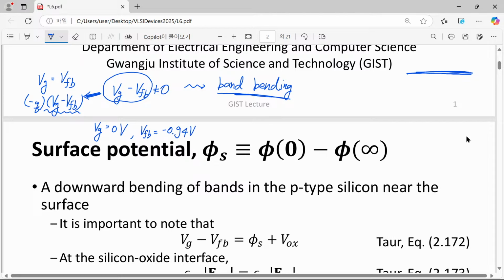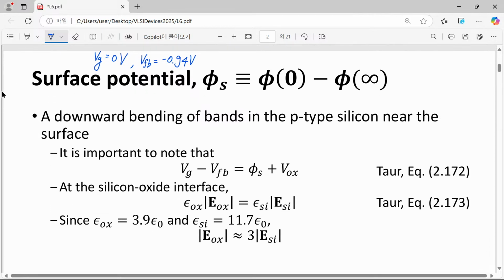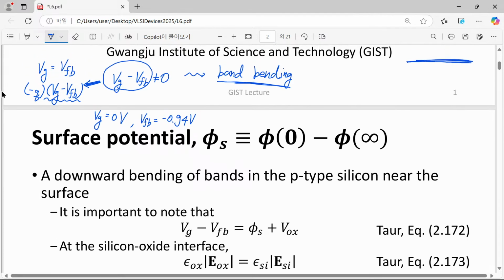Then although you apply 0 volt to your gate, this situation actually gives you positive 0.94 volt. So this is converted into minus 0.94 electron volts, because we must multiply by minus Q.